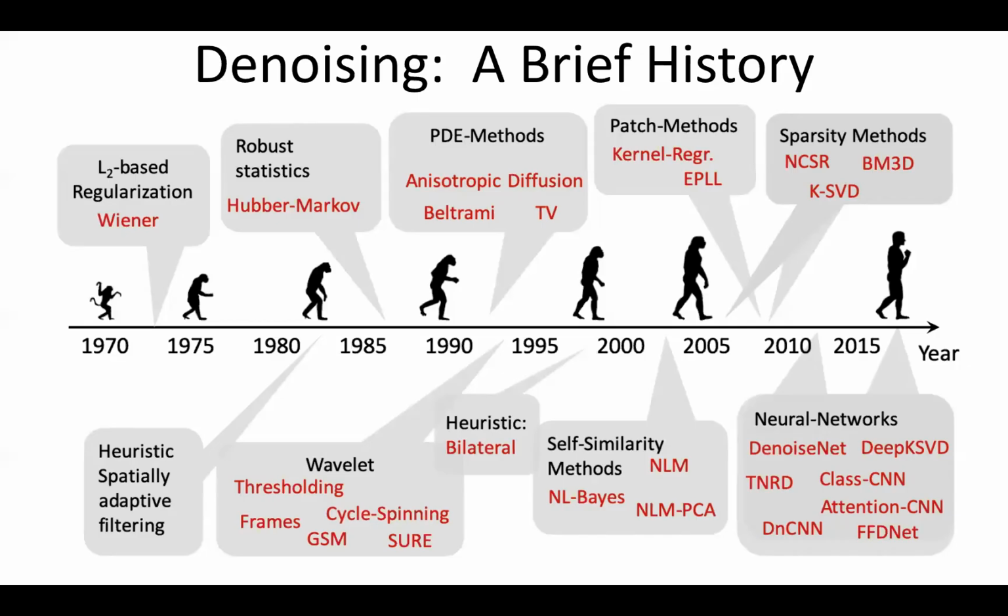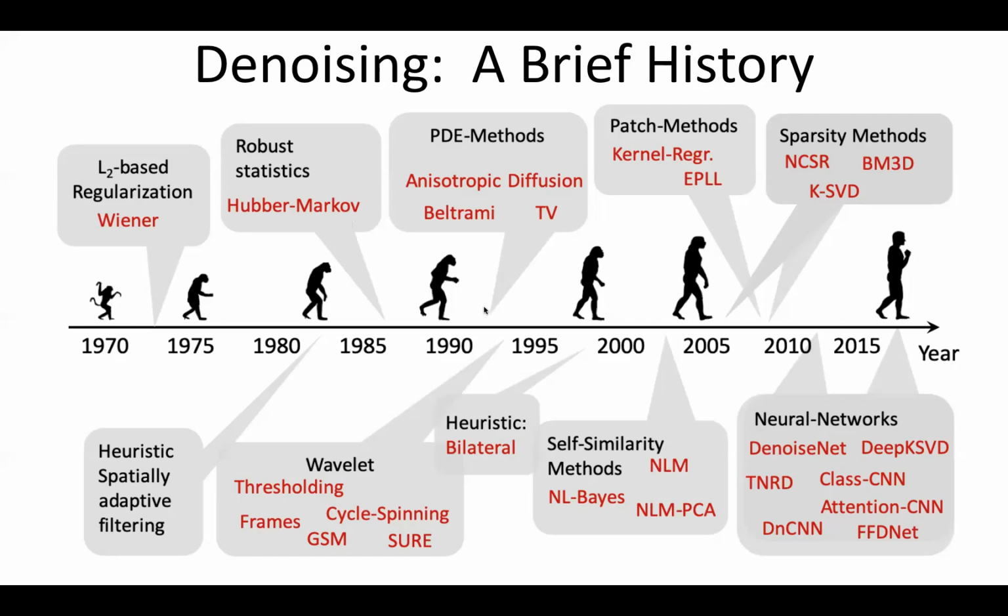I want to give you a quick overview of denoising history. Denoising is really one of the very first problems that was addressed in image processing, and you could say low-level computer vision, from the very beginning of when these things actually became technical issues to deal with, in the US space program in the 1970s. Initially, much of the work was largely heuristic. Things like the Wiener filter, and very simple L2 regularization-based methods.